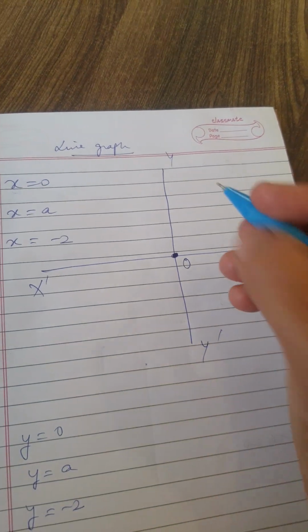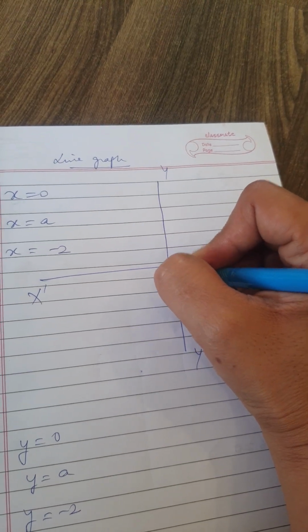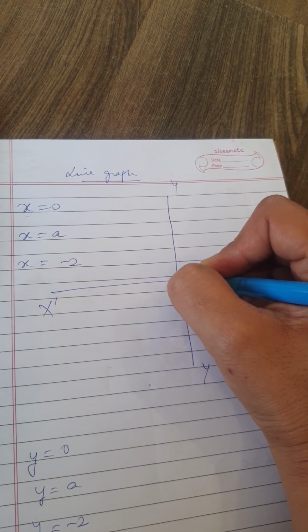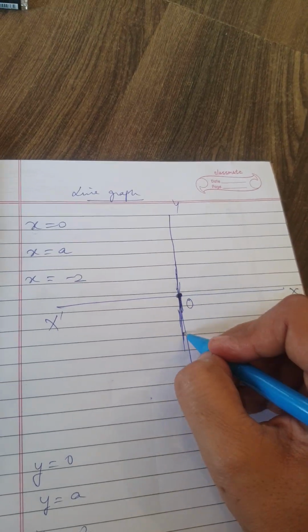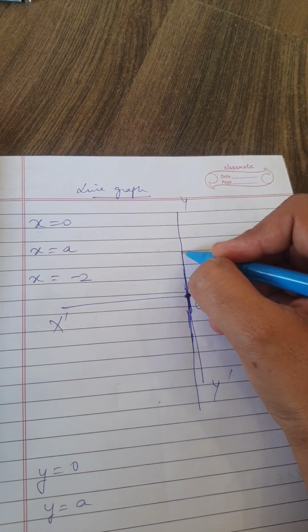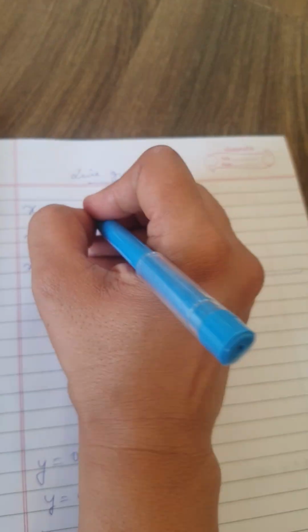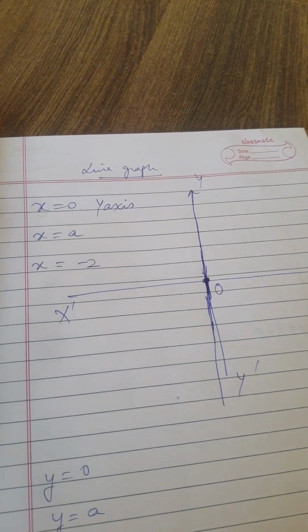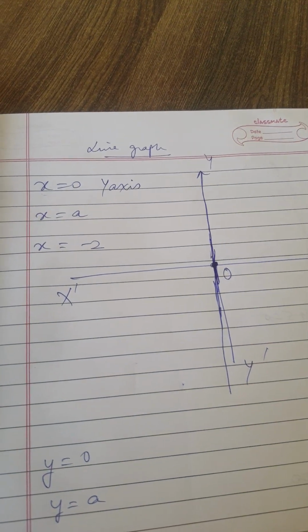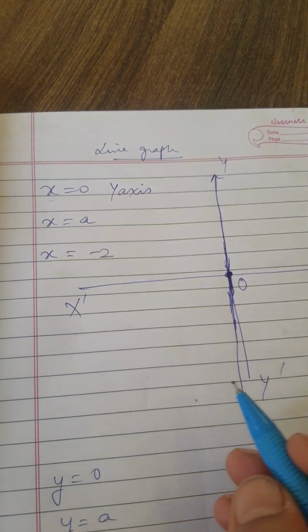So if we plot any line through this point, we have to make a perpendicular over this to make a line which will pass through x equal to 0. So what is this line? This is our y-axis. So at x equal to 0, the line would be our y-axis.